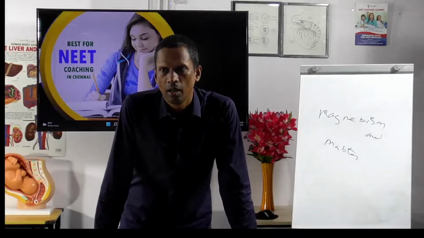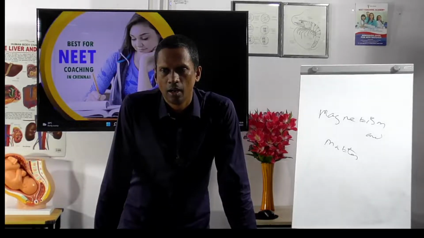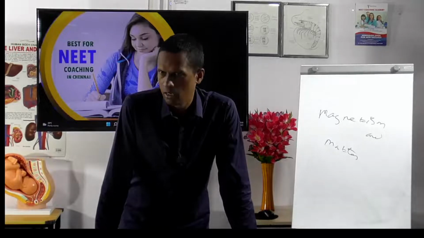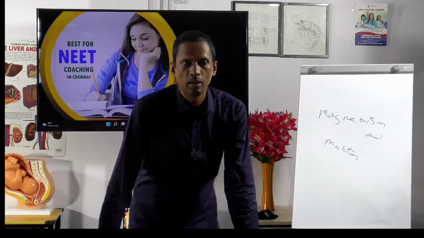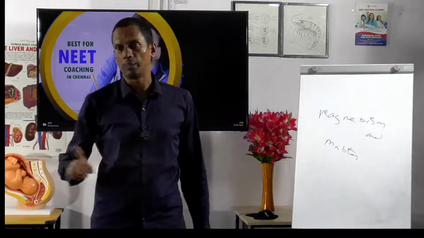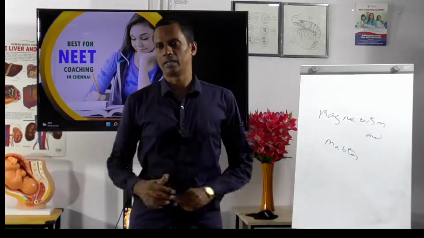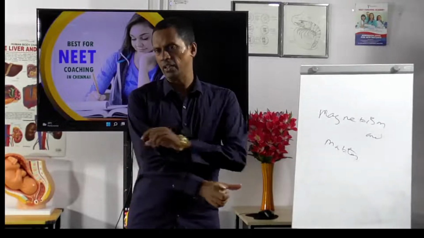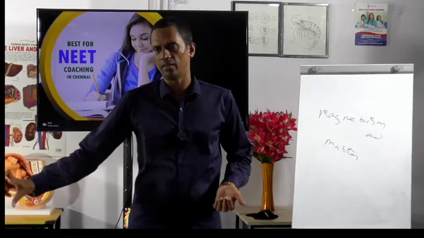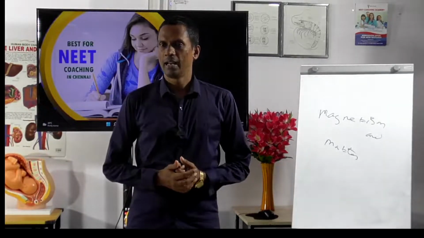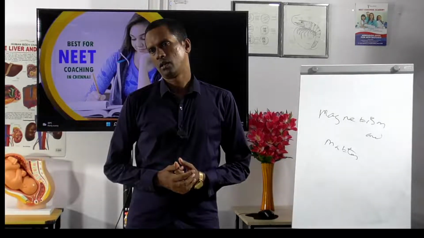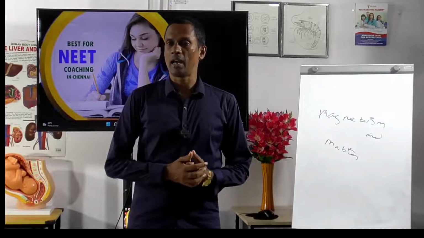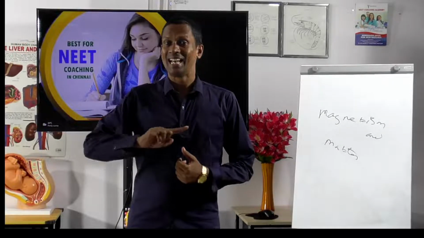Paramagnetic means unpaired electrons in random directions. Ferro means all unpaired electrons are in the same direction. Now if I increase the field strength, what will happen? All electrons will be moved towards the same direction.